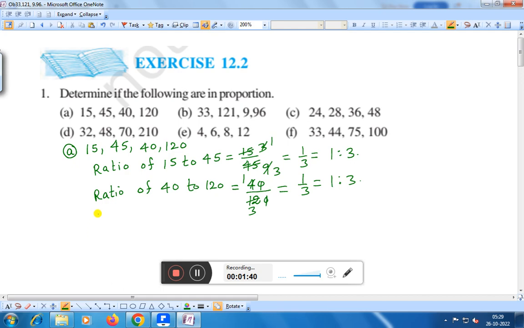Therefore, you can say that both the ratios are equal. Therefore, 15 by 45 is equal to 40 by 120, right?